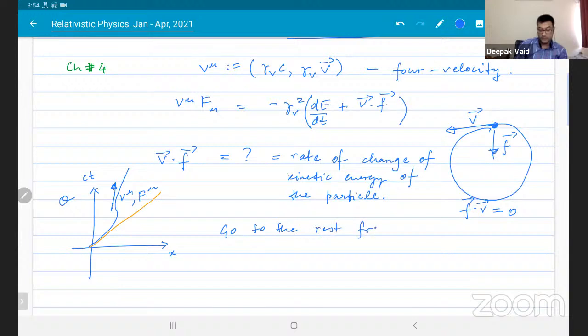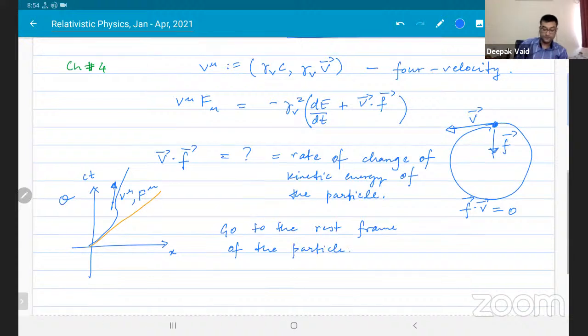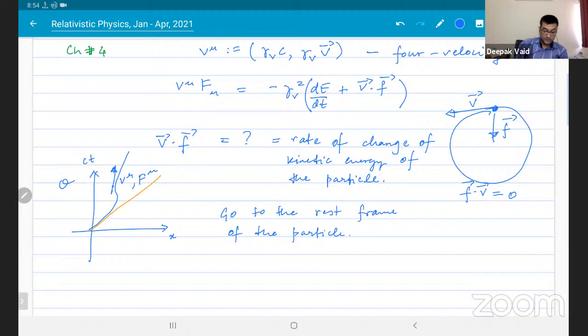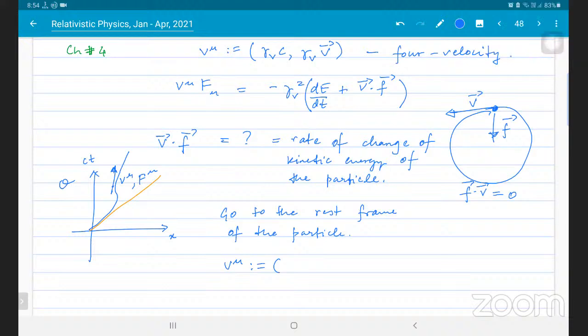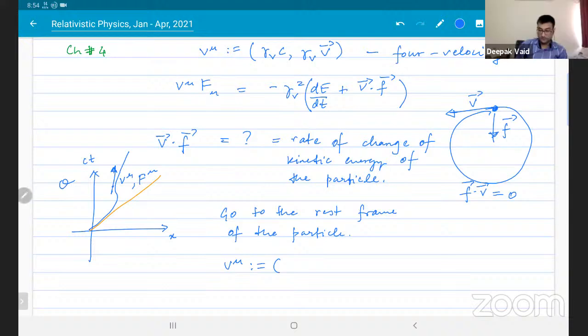We can ask what are these expressions in the rest frame of the particle. So Manikant, what is the four-velocity in the rest frame of the particle? Sorry, I didn't catch that.